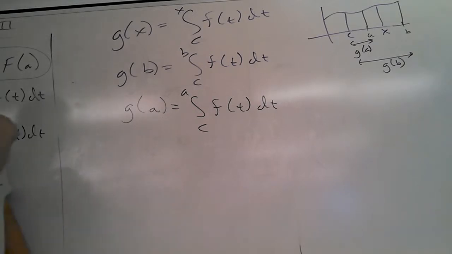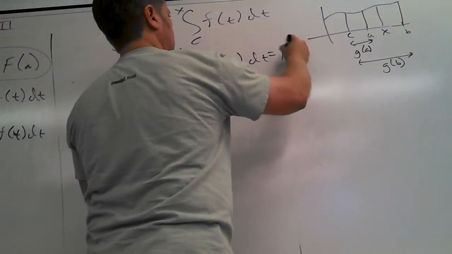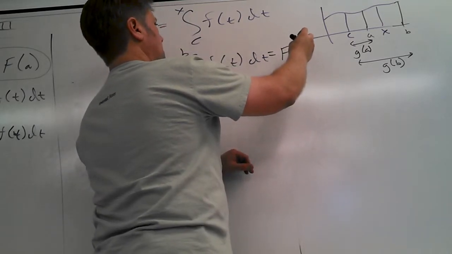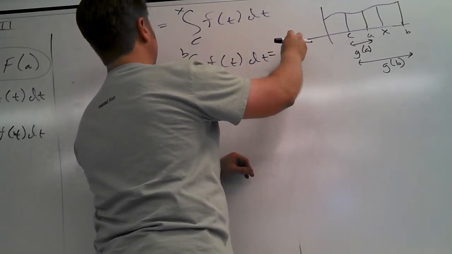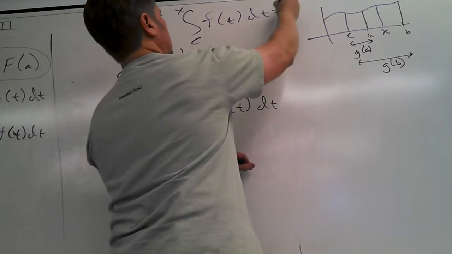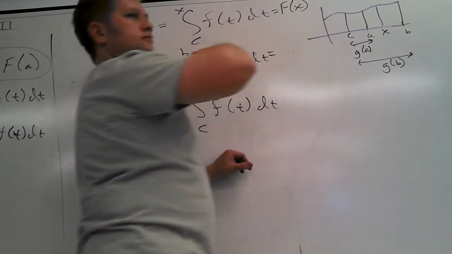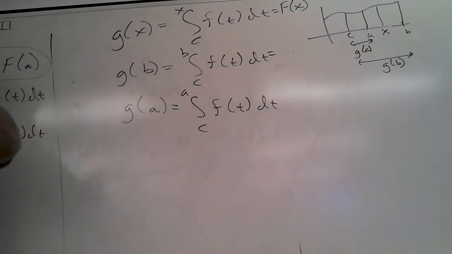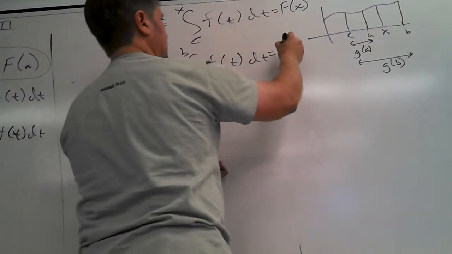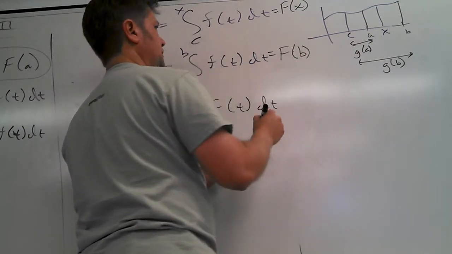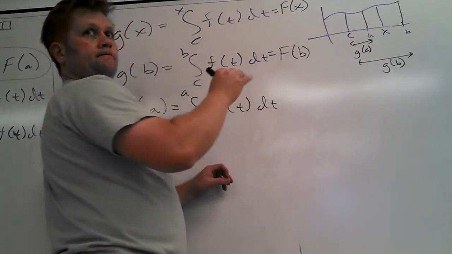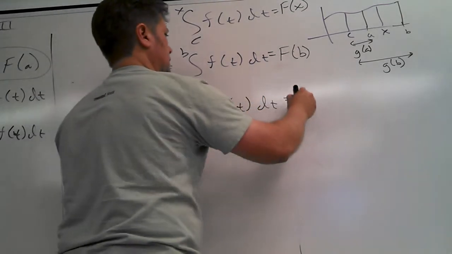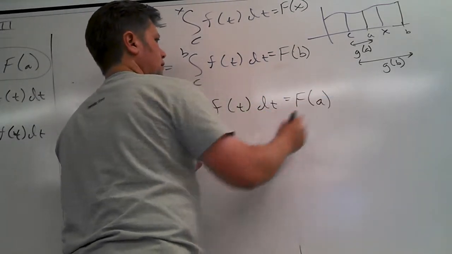And we know that this is equal to big F. Now I gotta be careful. Well, we know that this is equal to big F of x. How we do so far? We know that from earlier. We proved that earlier. So from that, we know that this is equal to big F of b, right? And we know that this is equal to big F of a.